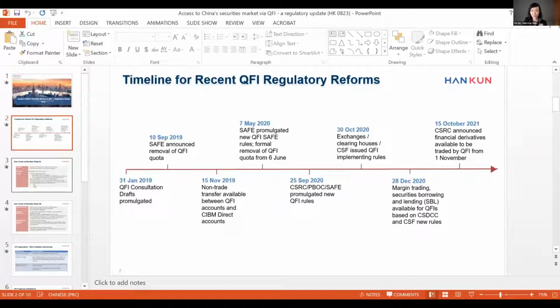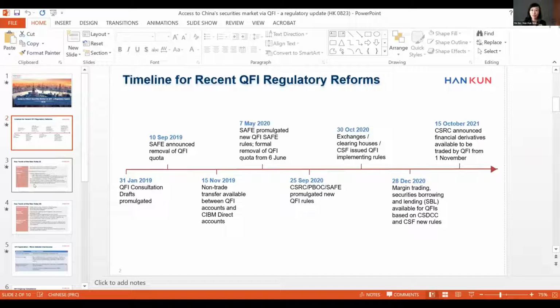And then after the new rule took effect, in the last 2 months of 2020, there are 45 new QFIs approved by CSRC. And then in 2021, there's a record high number of 119 new QFIs approved by CSRC.